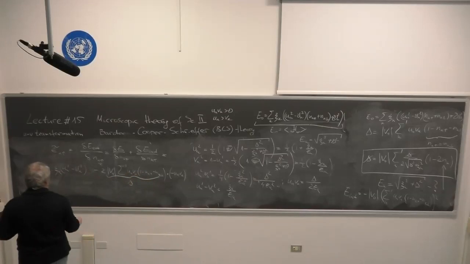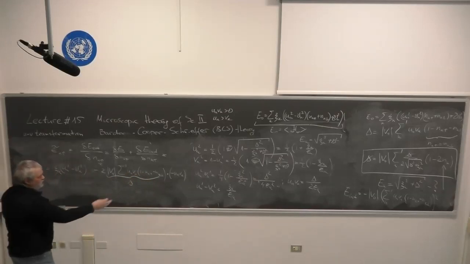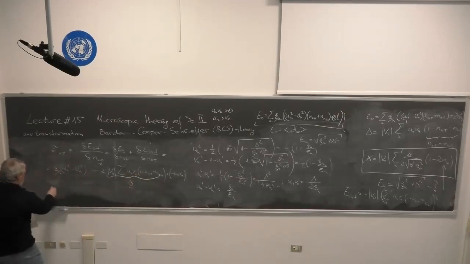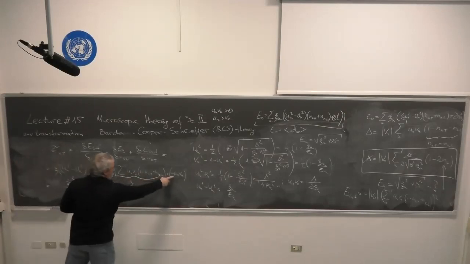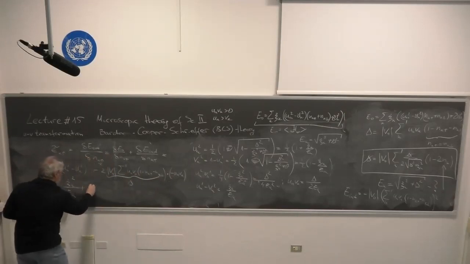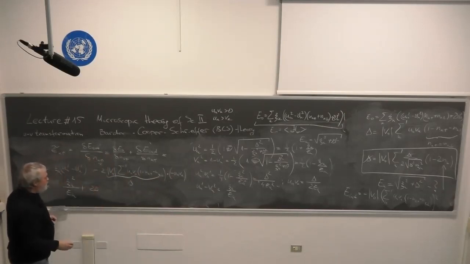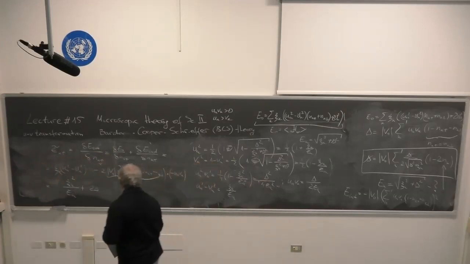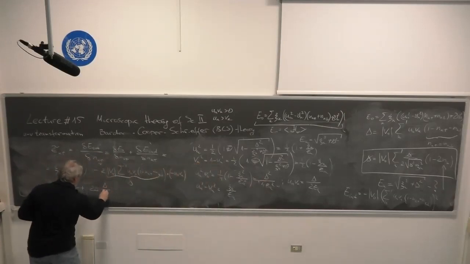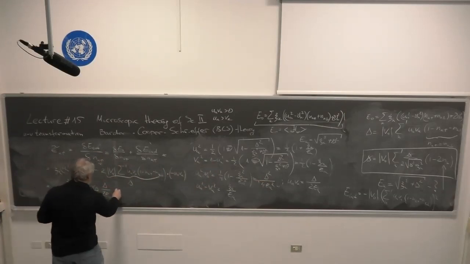So, what I have together: u_k squared minus v_k squared is equal to psi k over E_k. So I have psi k squared over E_k, and minus and minus gives me plus 2 delta times u_k v_k, which is delta over 2 E_k. The 2 is canceled out.